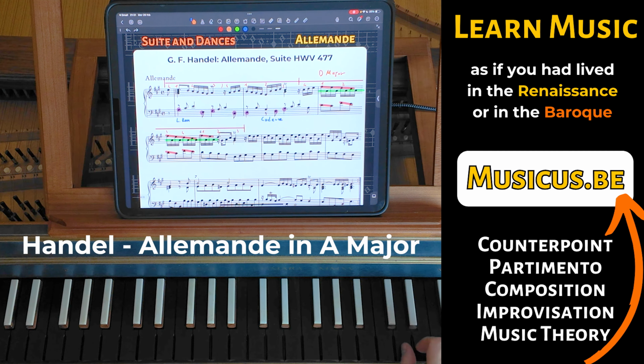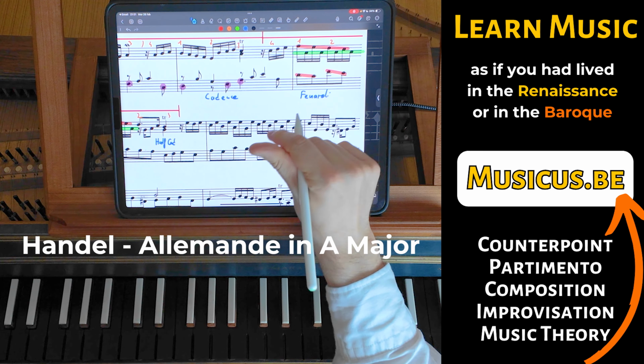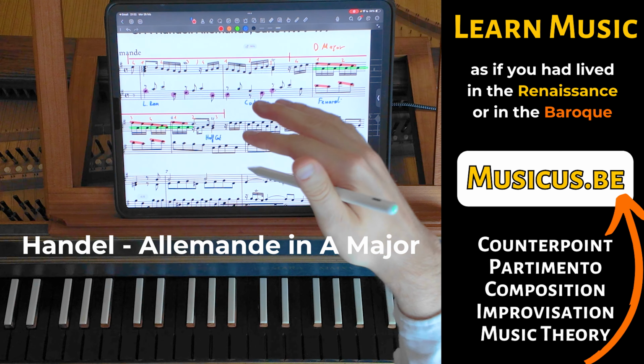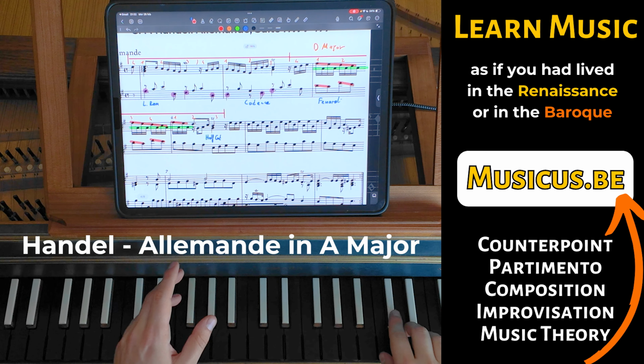Then, after this, where we have the Fenaroli, we have another Fenaroli. So another in A major. But even if we have another Fenaroli, it's not repeated exactly the same, because this time the fifth degree is at the top.